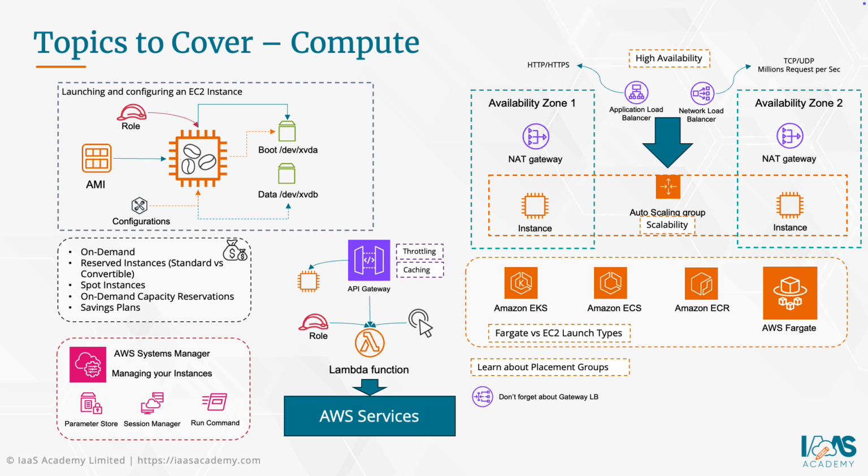Your APIs that you build can either run off Lambda functions, EC2 instances, or even containers. But when it comes to the API gateway, remember some key features like the throttling service to avoid excessive requests coming into your AWS environment, and the caching services as well.